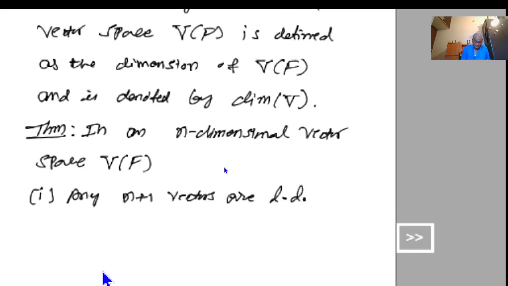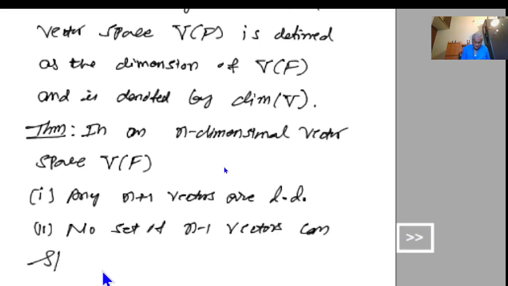This is one. Second one, no set of n minus 1 vectors can span V. Okay, these two things we have to prove. What is given here? In an n-dimensional vector space V over F, any n plus 1 vectors are linearly dependent, and no set of n minus 1 vectors can span V.